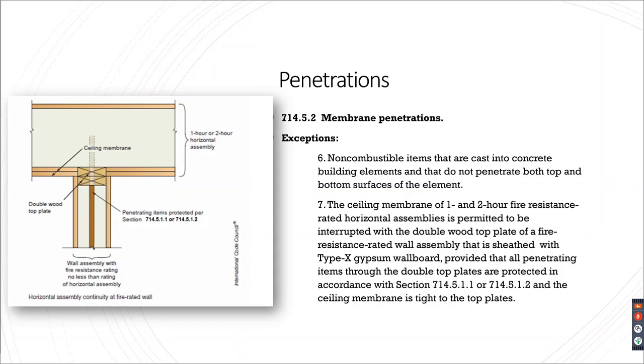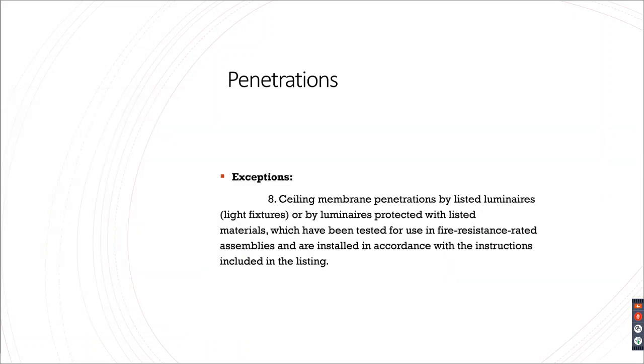So provided, always big in the code, provided that all penetrating items through the double top plates are protected in accordance with 714.5.11 or 5.12, and the sealing membrane is tight to the top plates. You've got at least 3 criteria in there to pay attention to. If you're going to use this exception, you've got to meet all those. So again, you see it a lot, of course, in the 5A. So it can go through there, but there are some limitations to that.